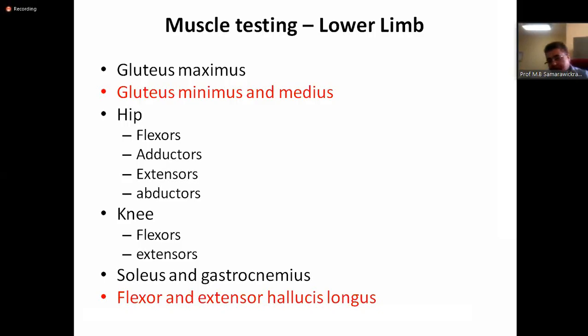You flex the knee against resistance, you extend the knee against resistance, then you can test the knee extensors and knee flexors. Soleus and gastrocnemius, you know that you can test by asking dorsiflexion and plantar flexion of the ankle against resistance, right?